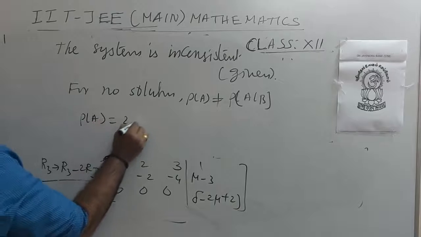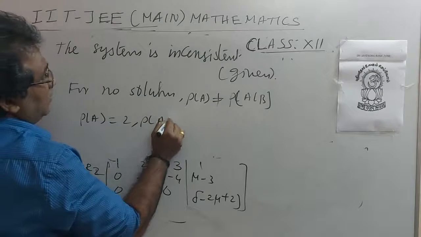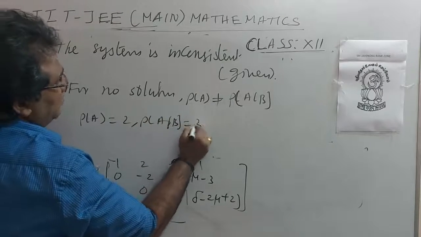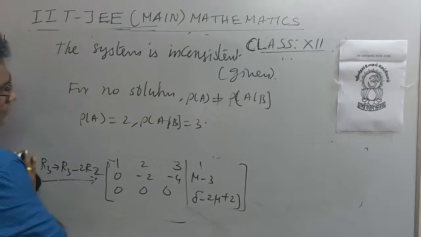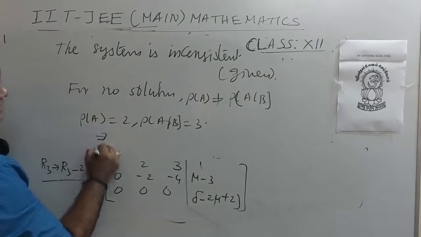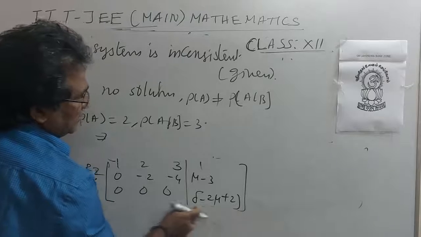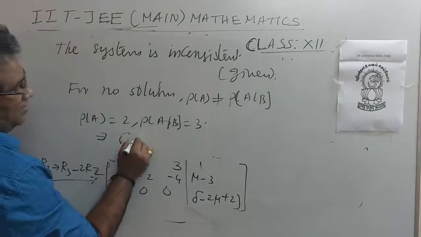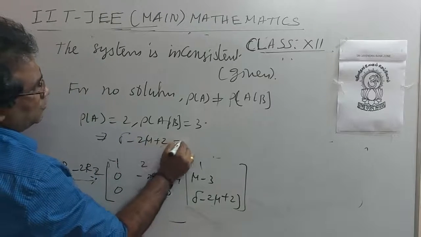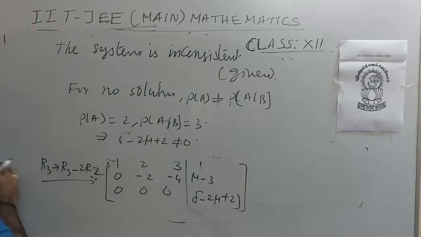So rank of A is 2 and rank of AB equal to 3, which implies delta minus 2 mu plus 2 is not equal to 0.